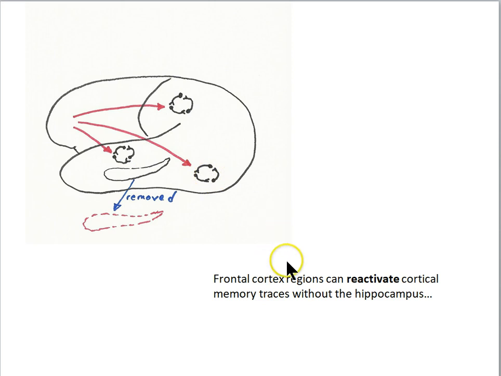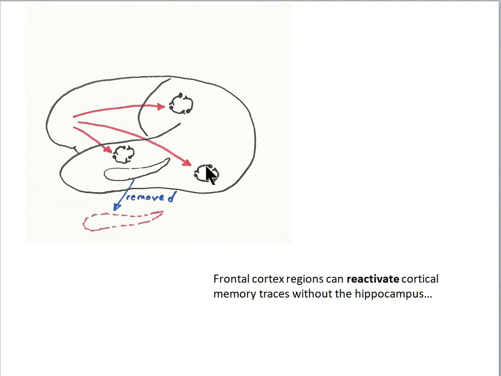So the idea then was that the frontal cortex regions reactivate cortical memory traces without the hippocampus. So the hippocampus was not necessary for retrieving long-term memories of his childhood, because clearly he had his hippocampus removed, but he was able to answer questions about his childhood. And initially they thought he was able to answer questions about his childhood because those childhood memories had been consolidated.